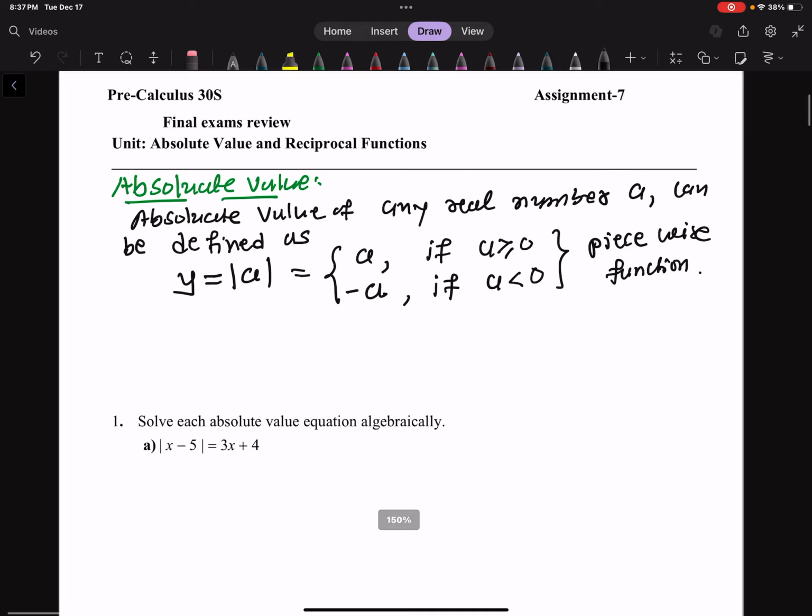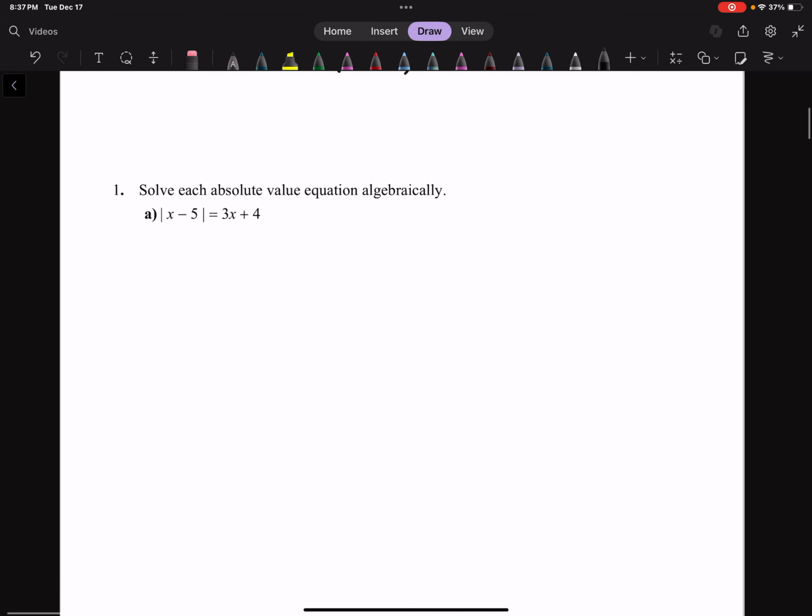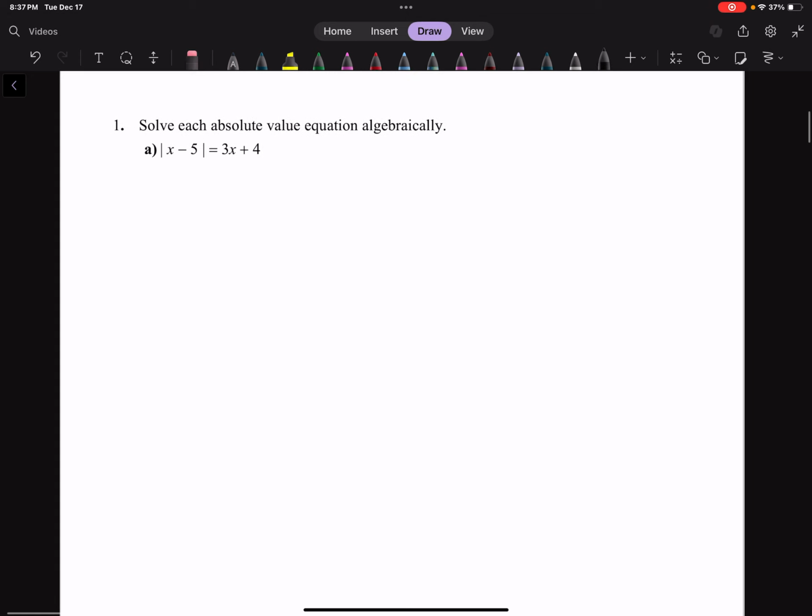So that concept will help you when solving absolute value equations algebraically. To solve each absolute value equation algebraically, we have to write down the piecewise function first. So the absolute value of x minus 5 can be positive or negative. So we have two cases here.